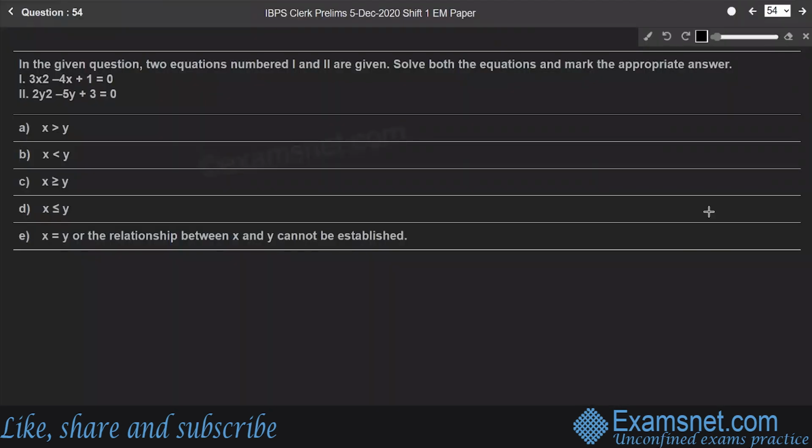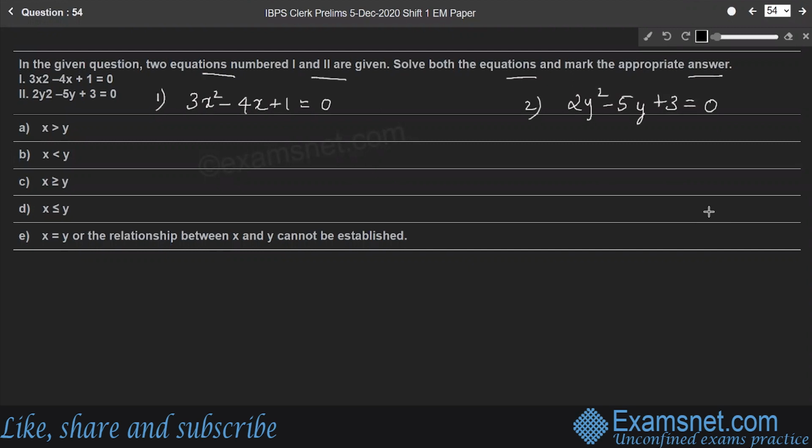Question 54. In the given question, two equations numbered 1 and 2 are given. Solve both the equations and mark the appropriate answer. Here are two equations. 3x square minus 4x plus 1 is equal to 0. And the second equation, 2y square minus 5y plus 3 is equal to 0.